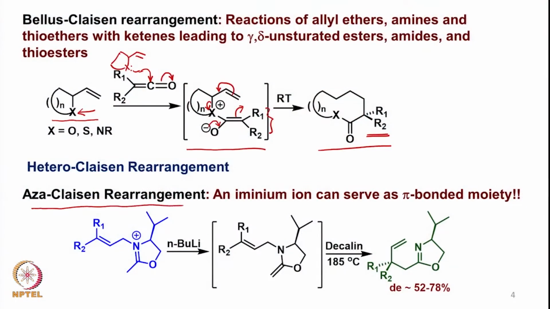Now, there is also an Aza-Claisen rearrangement, where an iminium can serve as a pi bonded moiety. For example, if you have a methyl group here attached to this iminium ion, then of course we can deprotonate that. So, there is a hydrogen here.